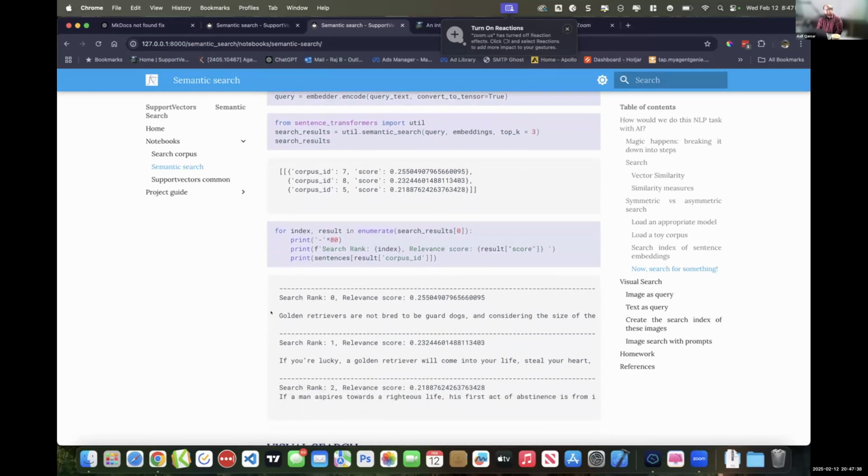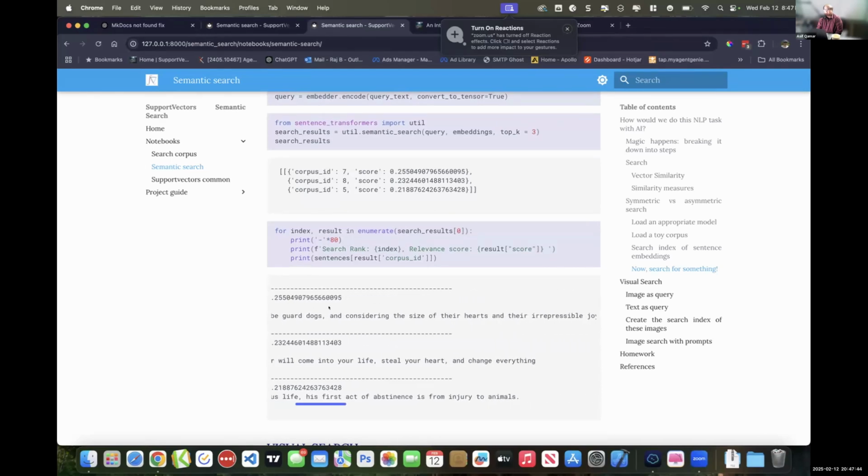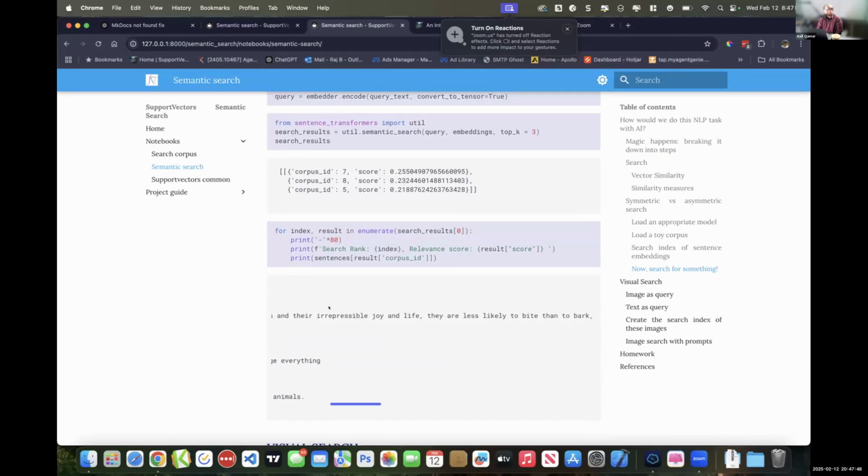If we scroll down a little bit, let's look at the first search result. It says, the golden retrievers are not bred to be guard dogs. Considering the size of their hearts and their irrepressible joy and life, they are less likely to bite than to bark, less likely to bark than to lick your hand in greeting. In spite of their size, they think they are lap dogs. And in spite of being dogs, they think they are also human.